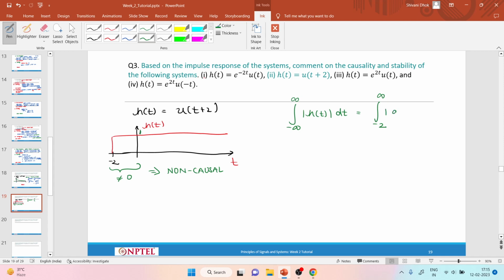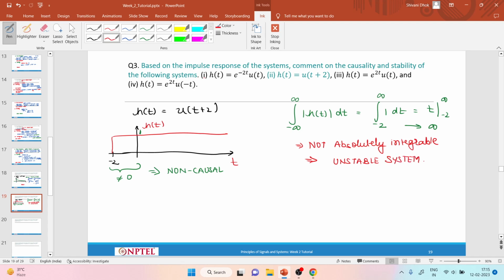So this is the integral of 1 dt, which is equal to t from minus 2 to infinity, and this tends to infinity, which means that this is not absolutely integrable, which means that it is unstable. Is it okay? Any questions at this point?